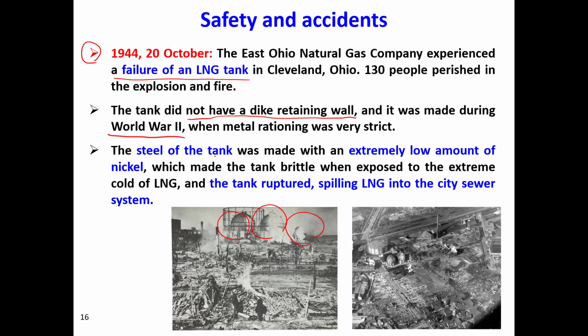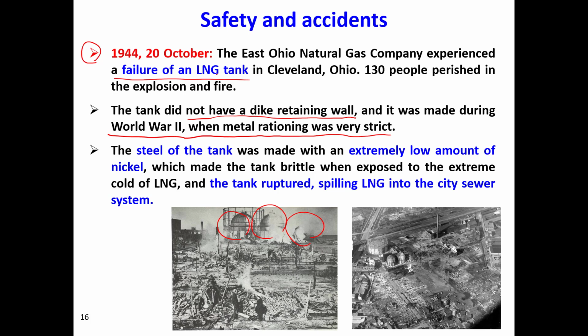Any kind of metal was very valuable because they were fabricating tanks, weapons, and missiles with metals. So in that case, maybe they didn't use a proper metal material for the tanks.